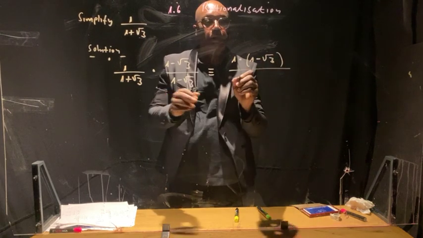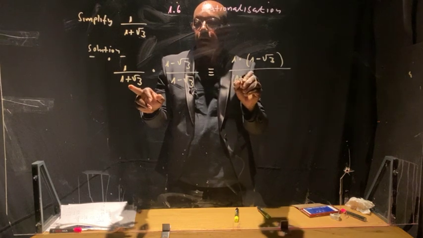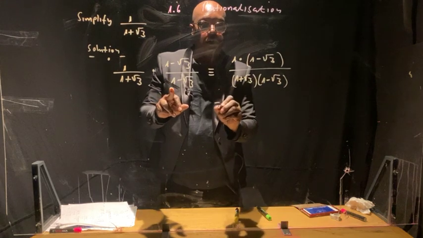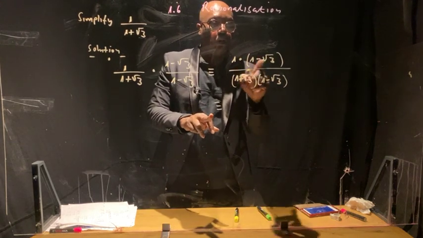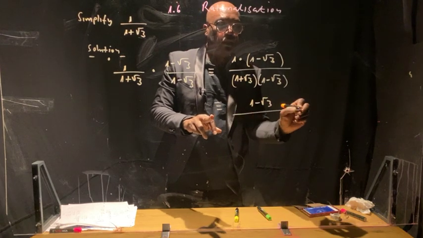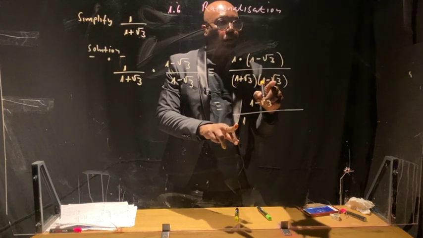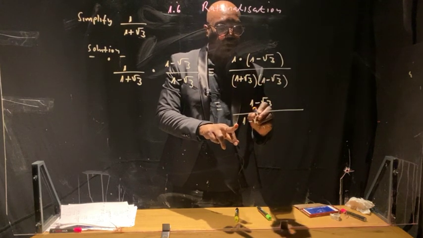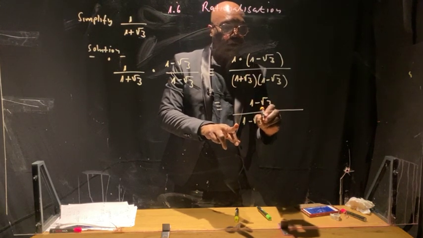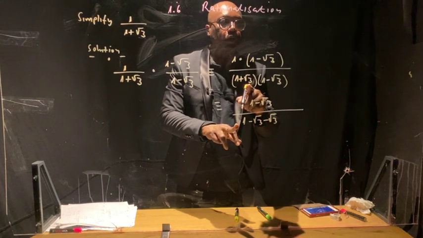And the denominator is 1 plus root 3 multiplied by 1 minus root 3, which is equal to the numerator 1 minus root 3 over the denominator: 1 times 1 is 1. 1 times minus root 3 is equal to minus root 3. Then root 3 times 1 is equal to root 3. Then you have plus root 3 minus root 3.